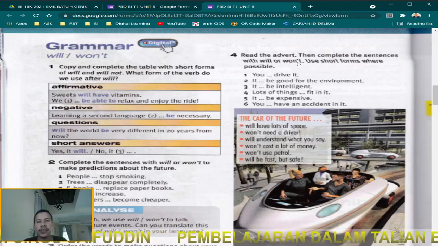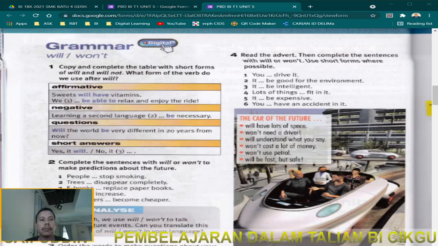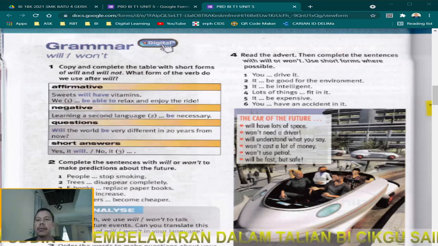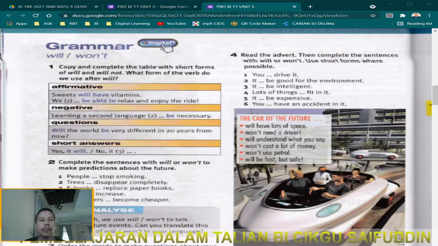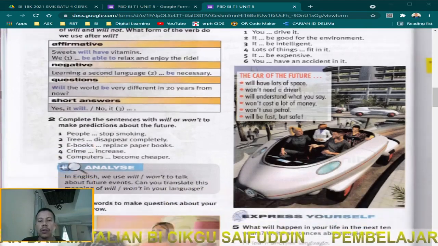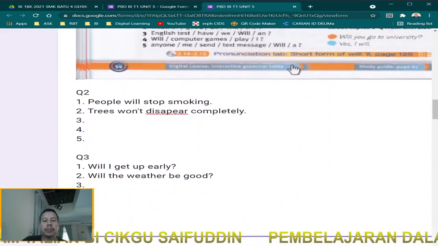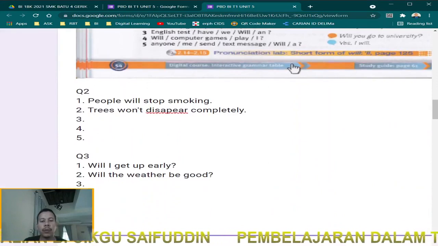You drive it. So what's the answer? It can be won't or it can be will.